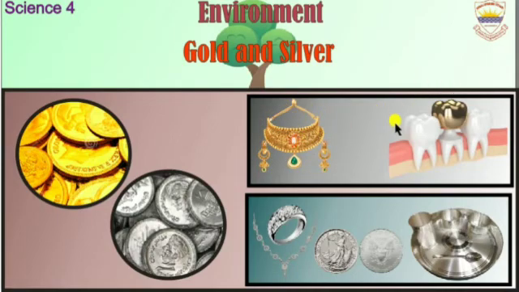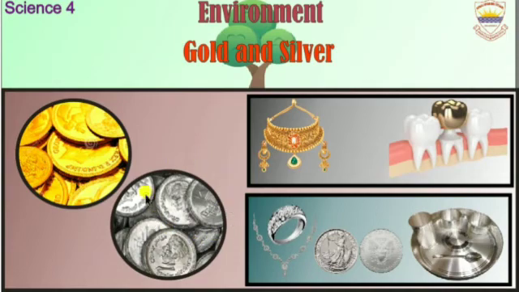We also use gold to fill the cavities of our teeth. How is gold useful for us? Repeat it with me. We use gold for making jewelry and for filling the cavities of teeth.